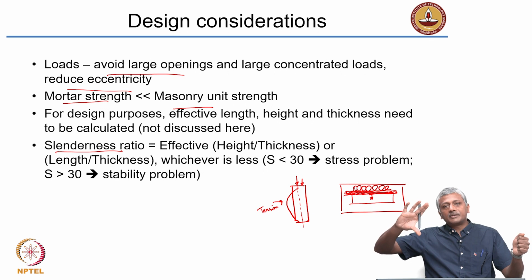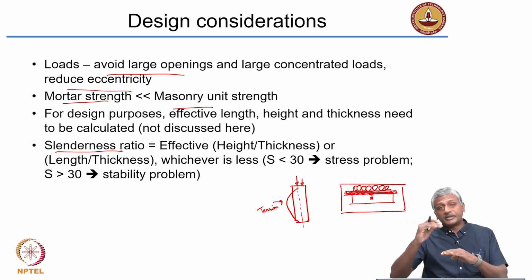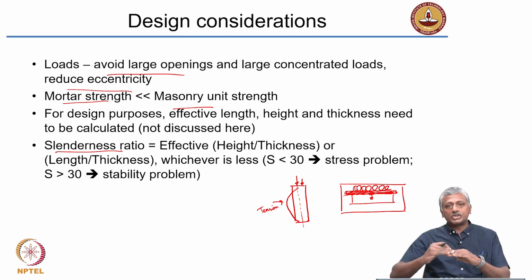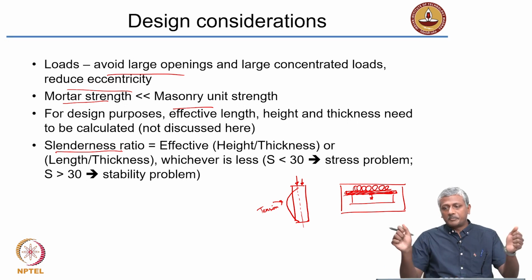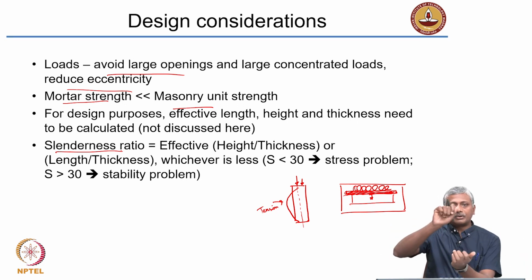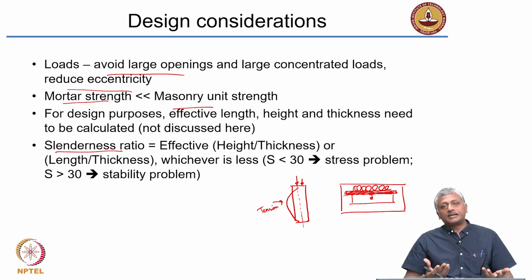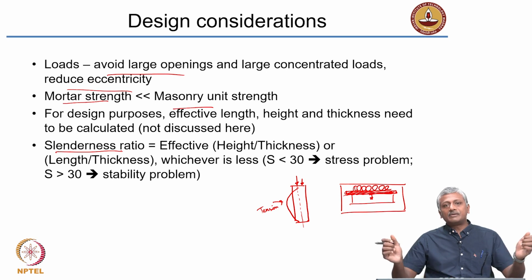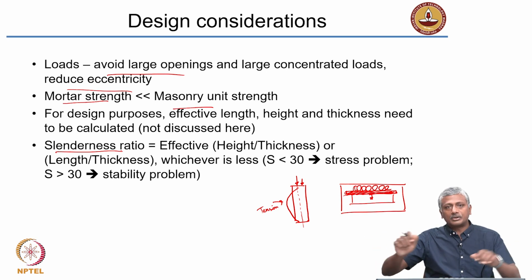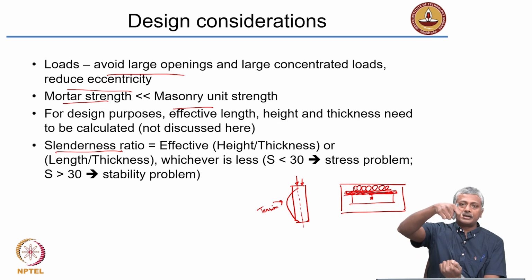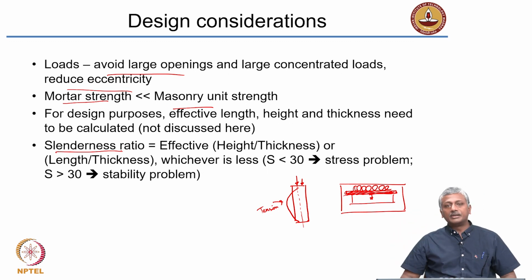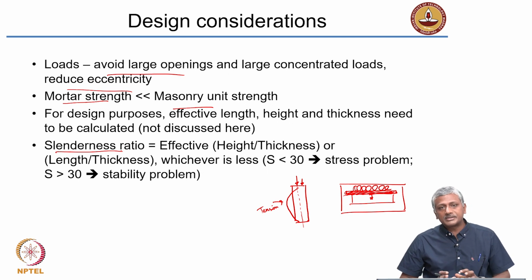The height divided by the thickness of the paper is the slenderness ratio in the vertical direction. So the paper can be bent in this way or this way, right. If it is very slender, if the length to thickness ratio is very high, then it will easily tend to bend along this direction, or height to thickness ratio being very high, it will easily tend to bend along the vertical direction.